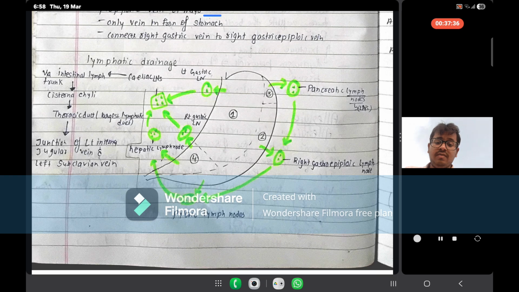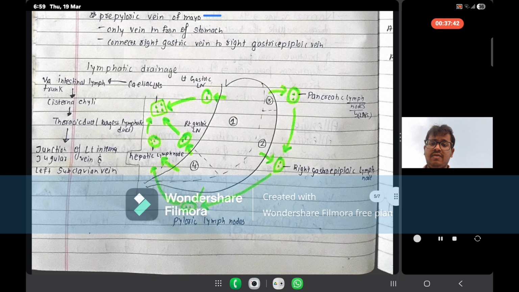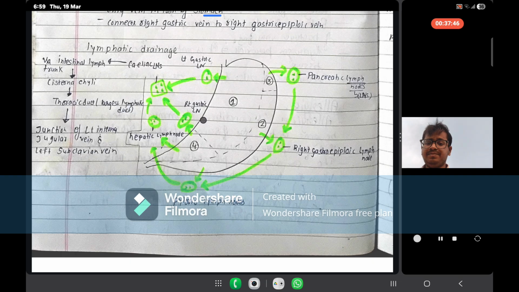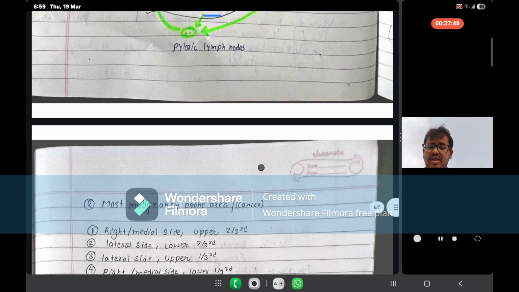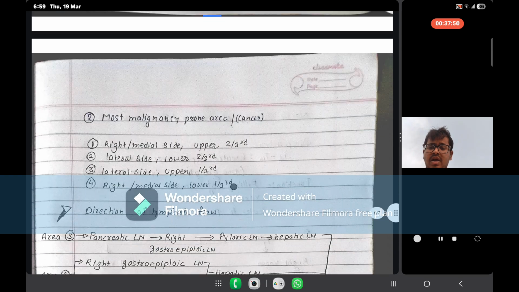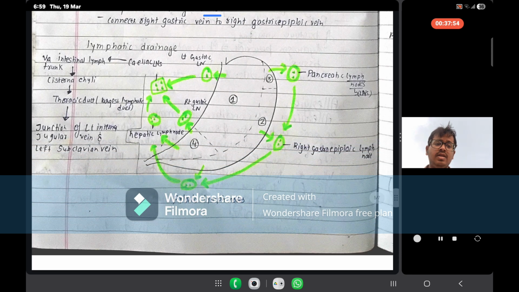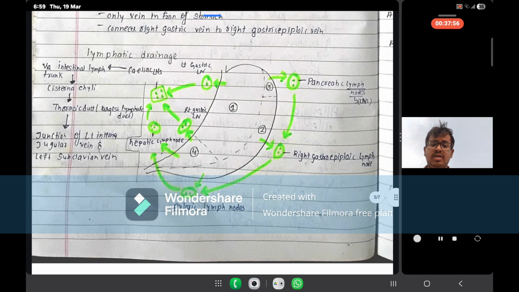Direction is very important, and this is pancreatic, right and pyloric, hepatic. From here left gastric goes to this part, and right gastric to this part. The second part is the most malignant part to carcinoma.